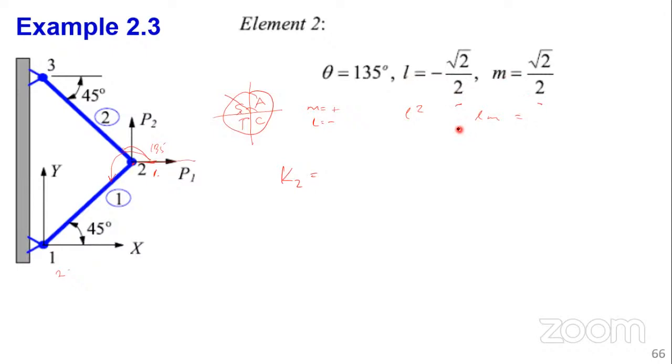Now, here is where you have to be very careful about the signs, because we have the signs.